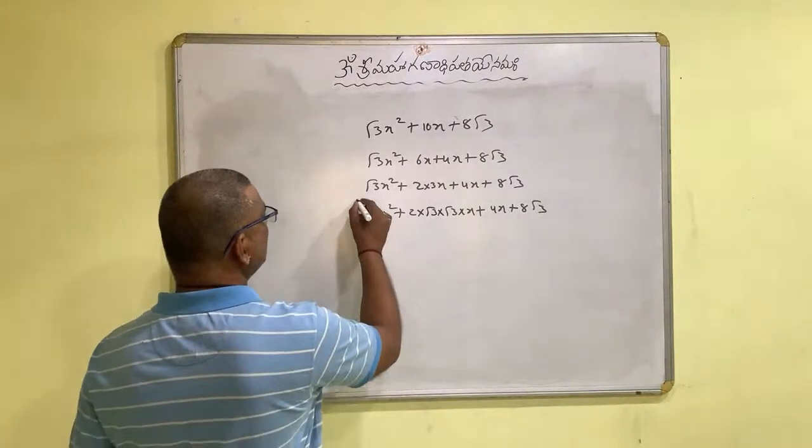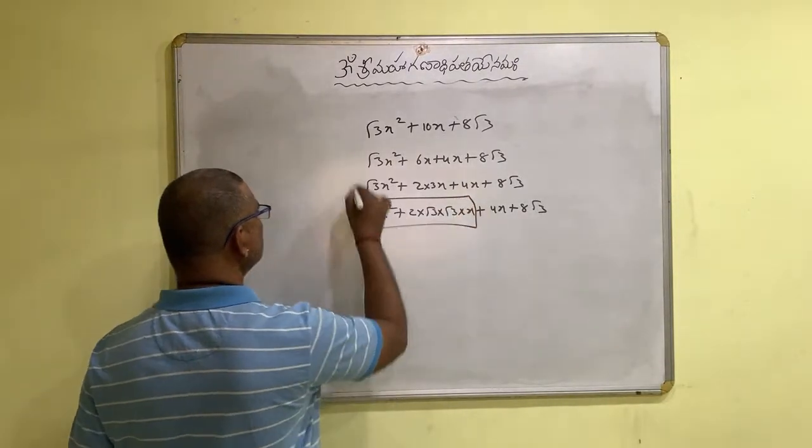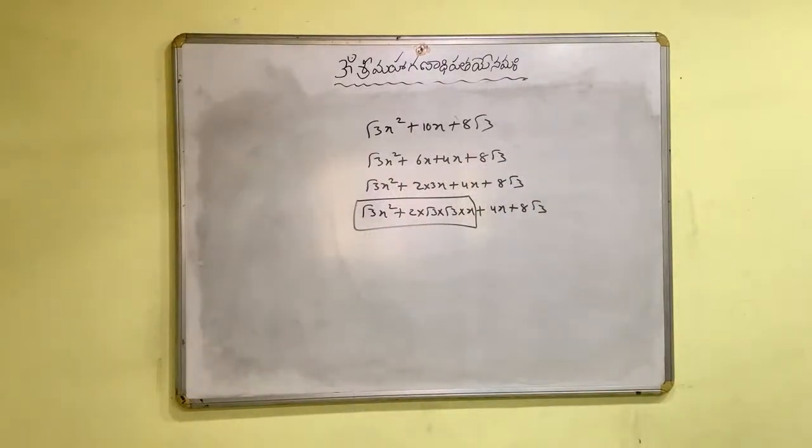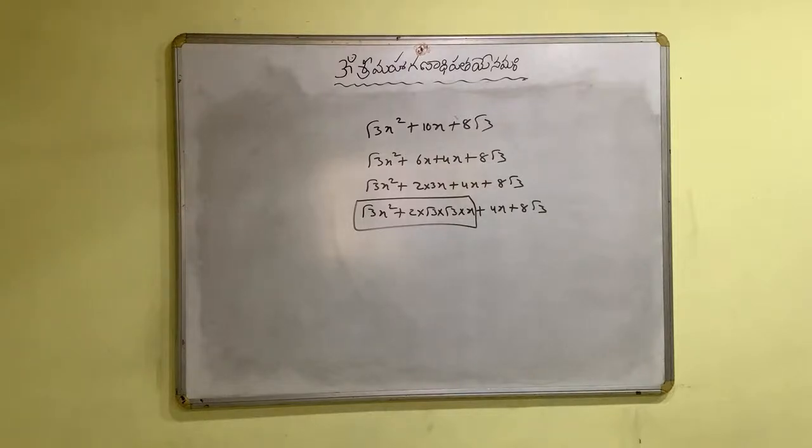Now from the first two terms, what we can take common? Root 3x. Very good.